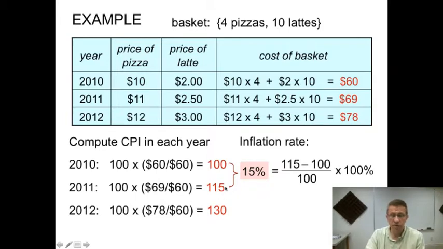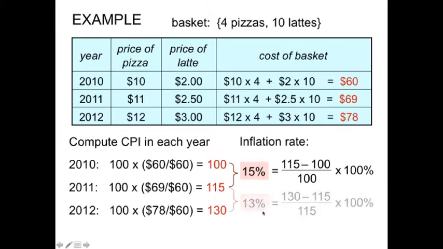The second one, it goes up by 15 as well. However, it will be lower than 15% because we're going from 115 to 130. So it's 130 minus 115 divided by 115. So now the inflation rate is 15 divided by 115, or 13% once you multiply that by 100%.